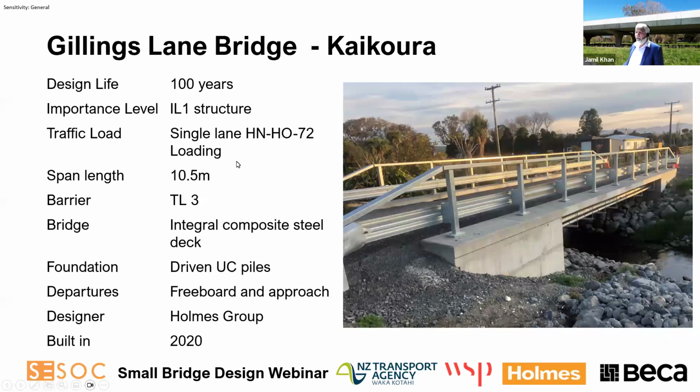The superstructure consists of an integral steel composite bridge, and the foundation is driven UC piles. Departures were applied for the freeboard because we didn't have much freeboard, and for the approach. This bridge was designed by Holmes Group and built in 2020.